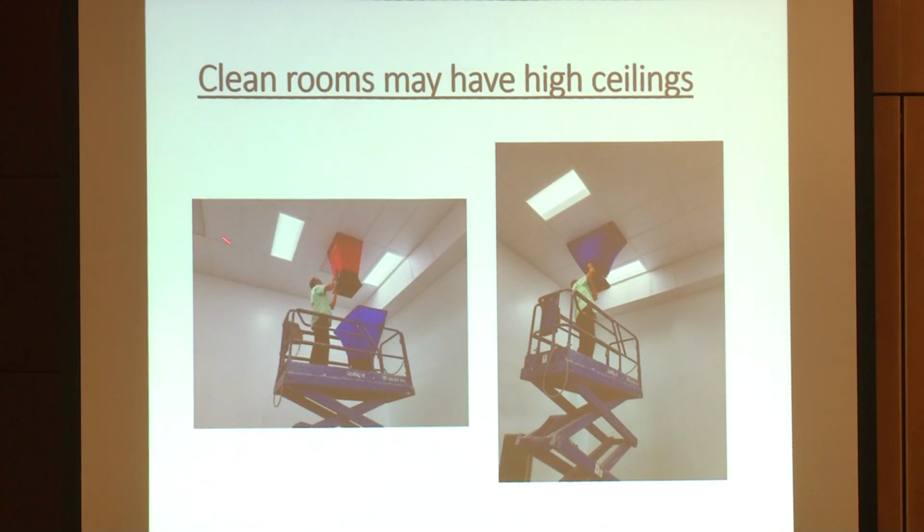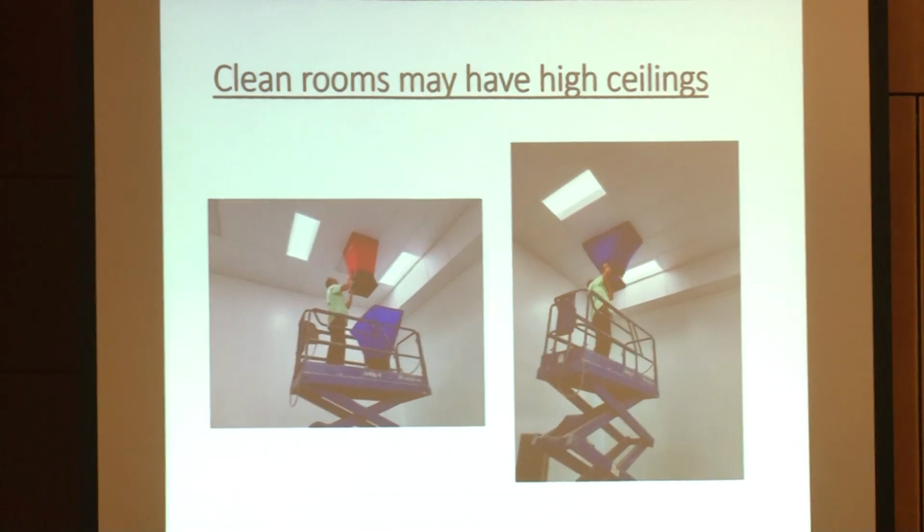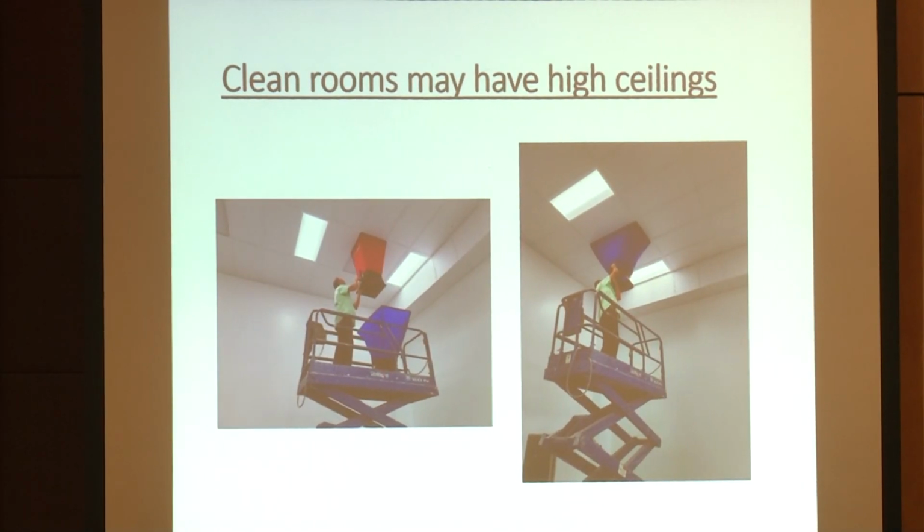But a lot of clean rooms have very high ceilings. And a lot of the work you have to do is actually in these high ceilings, because in a clean room you have your normal unit feeding the clean room, but then in the ceiling spaces you have a lot of HEPA or extra special filtration, and then the TAB professional has to get up in those ceilings and measure what's going on with those HEPA filters.